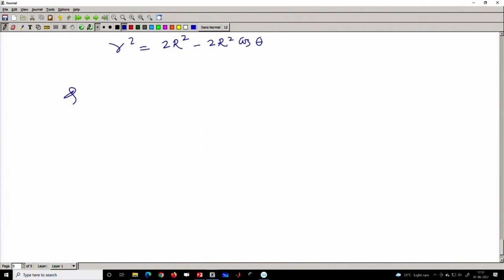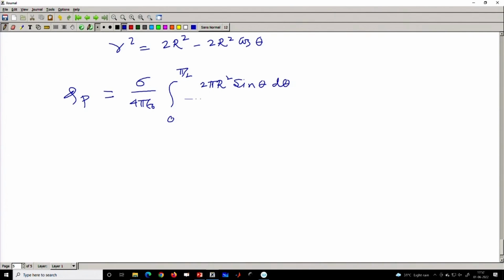So, phi p is then simply equal to sigma divided by 4 pi epsilon naught, integral from 0 to pi by 2, and then we have 2 pi r square sin theta d theta.